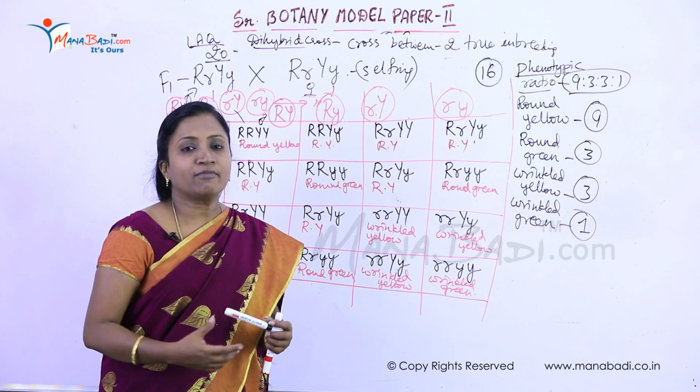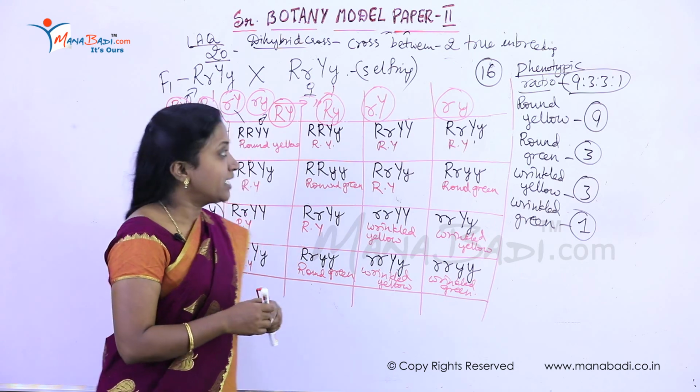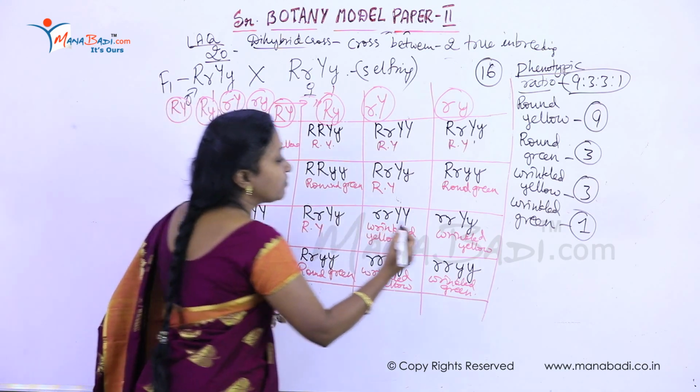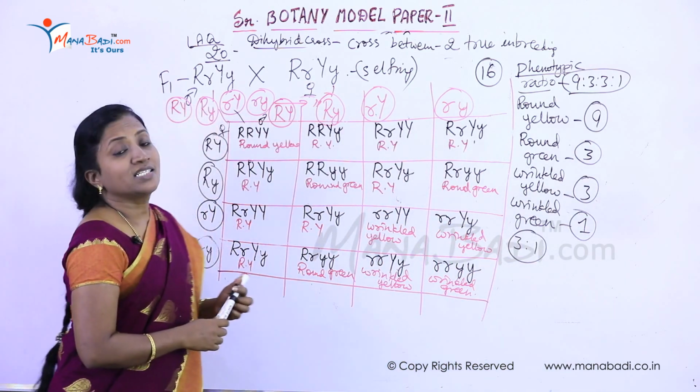If we take it in the manner of a ratio, we can say it is usually 3:1. What is this 3:1?